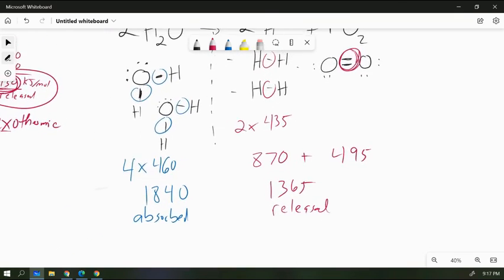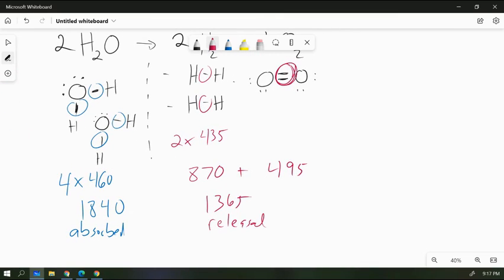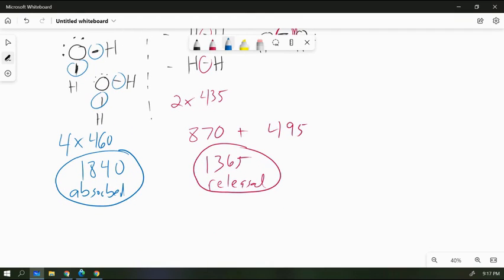Okay. So again, now just like all the other ones, right? We need to see more energy is absorbed in this reaction than is released. More energy is absorbed. That makes this reaction an endothermic reaction. Okay. By how much? What's the difference here? So let's subtract them. 1840 minus 1365.